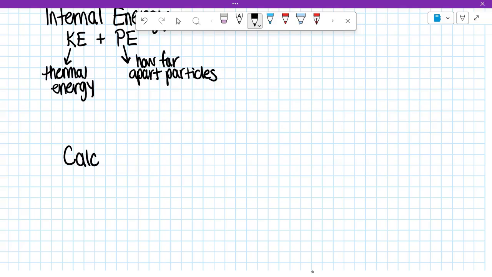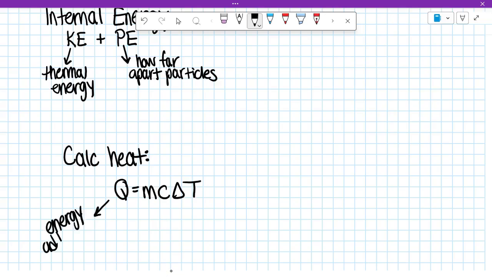So if we want to calculate how much energy it takes to change an object a certain temperature, we're going to use the well-loved Q equals mc delta T, where Q is the energy added or removed, because we certainly can have a negative Q. That means we've lost some of our thermal energy, right, through some sort of contact with a colder object.